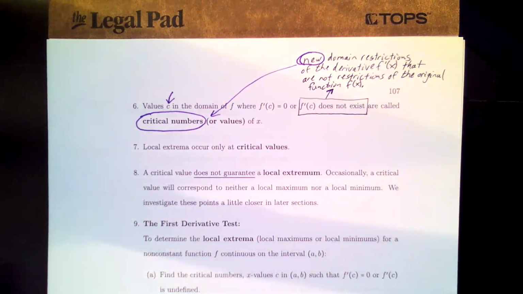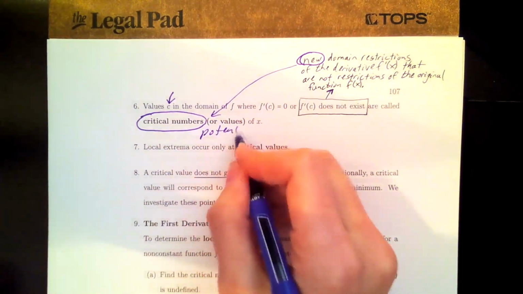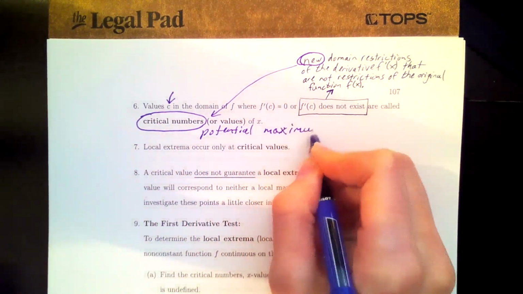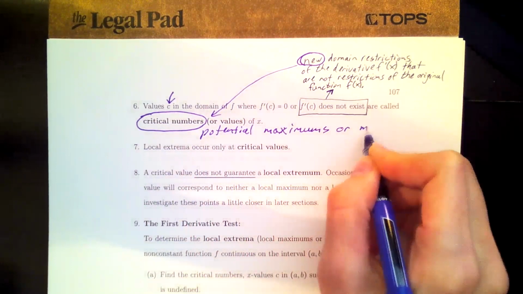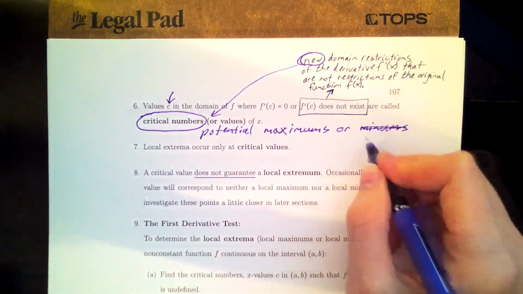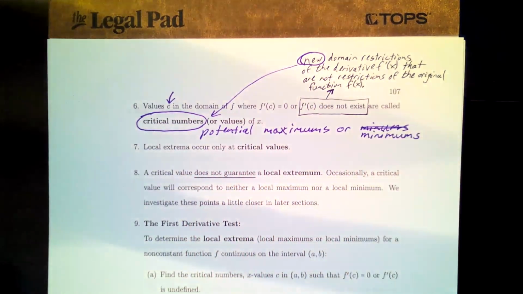So the connection you need to make is that critical numbers are potential maximums or minimums. Critical numbers are x values that are maybe where a max and min occur.